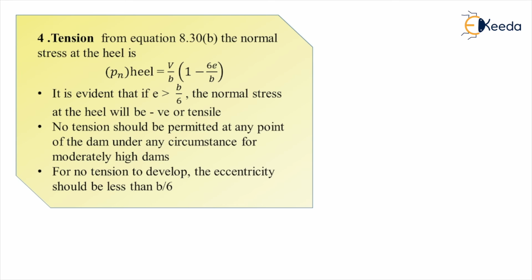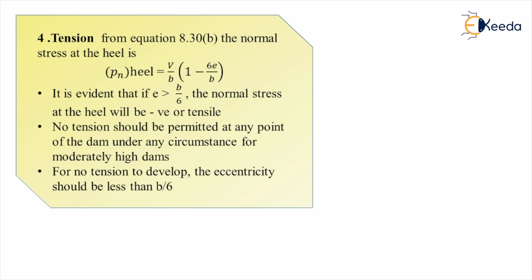If the eccentricity is equal to B by 6, then we can say that the gravity dam is safe in the compression zone only. If it is greater than B by 6, then the normal stress at the heel will be negative, or tensile. No tension should be permitted at any point of the dam under any circumstances for moderately high dams.